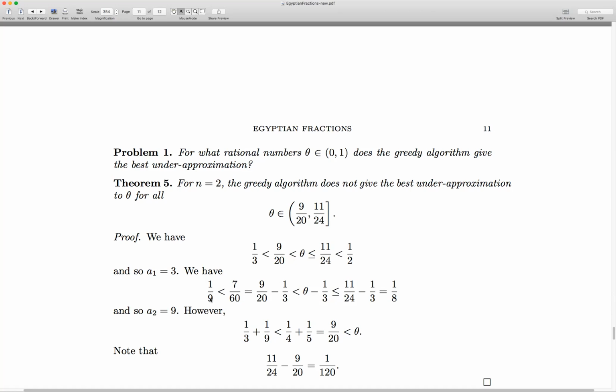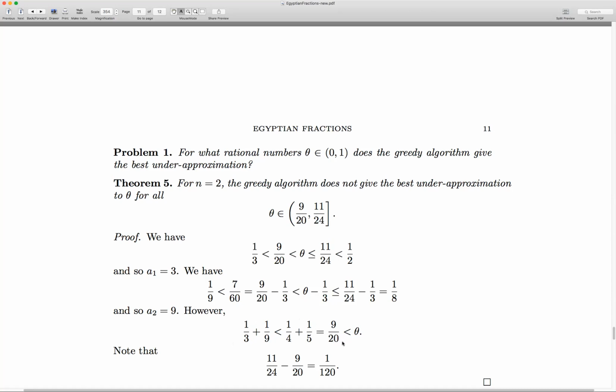So if you take the largest Egyptian fraction less than theta minus a third, that's a ninth. So that's what your A2 is. So a third plus a ninth is less than theta, but a third plus a ninth is actually less than a fourth plus a fifth, which is 9/20. See, this is 4/9. And 80 is less than 81.